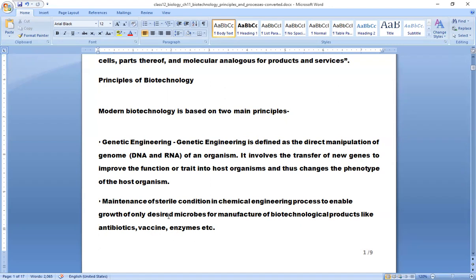And you are very aware of the pharmaceutical companies, and these companies are going for the production of antibiotics, vaccines, as well as enzymes, etc. These are the three main examples which are seen in pharmaceutical companies, right? And these two are the main principles and the basis of this chapter. If you have understood this, then and only then can you go further, right?